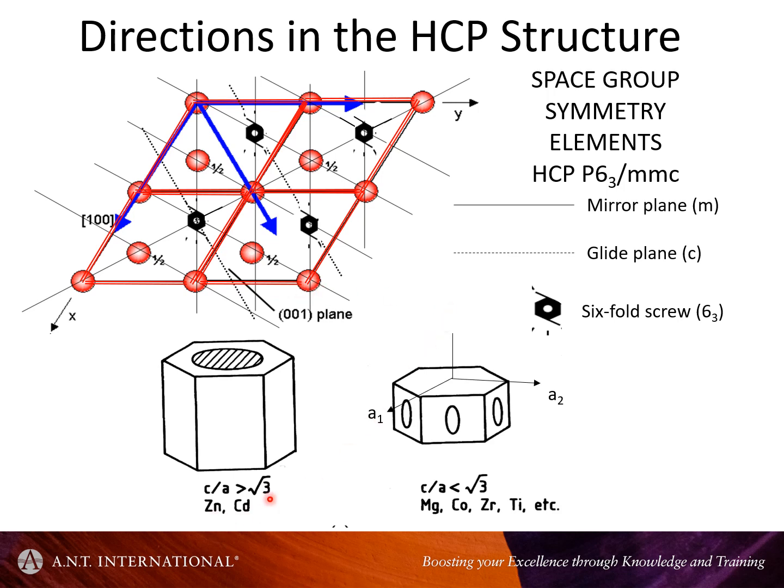For zinc and cadmium, we have an elongated hexagonal prism, and for other metals like zirconium and titanium, we have a squashed prism. It's still hexagonal, but because of the different electronic structures of the different elements, we have slightly different c/a ratio.